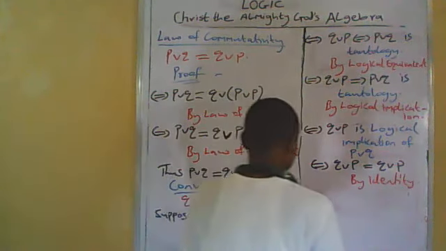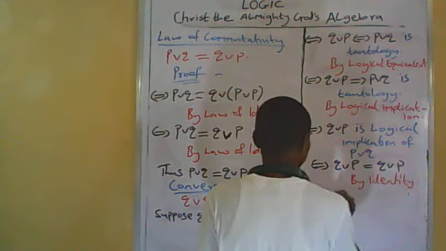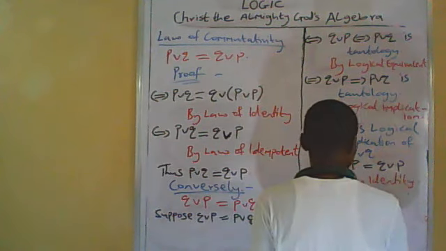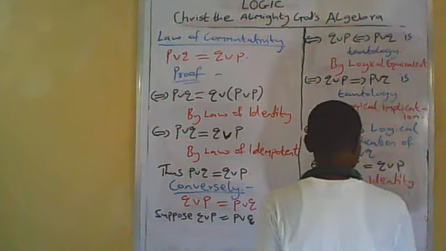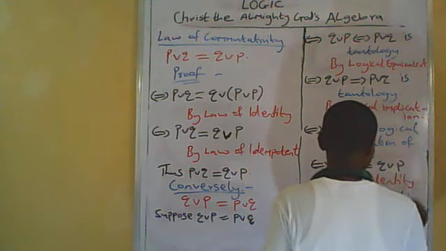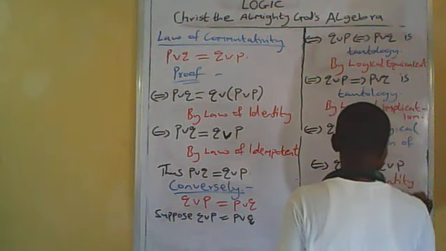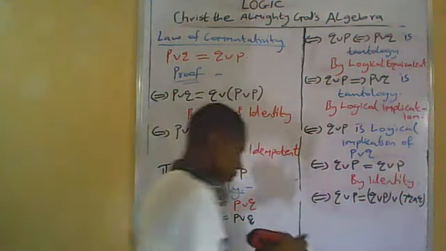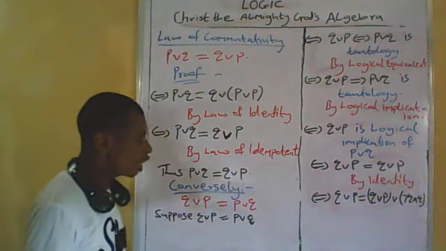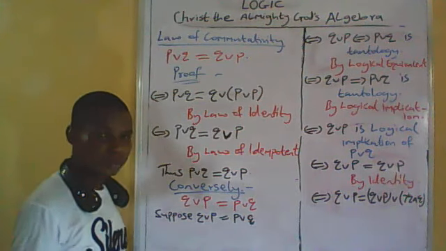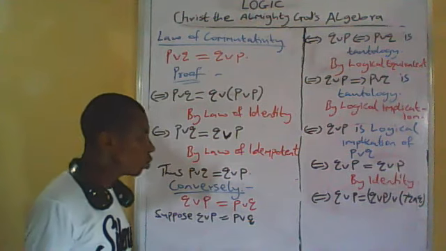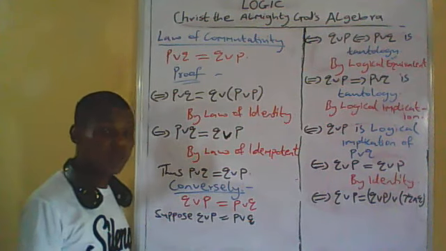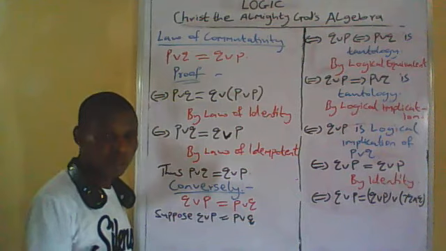If and only if Q or P is equal to Q or P or, in brackets, not Q and Q. You see that not Q and Q is being added to Q or P and is still equivalent to Q or P, because not Q and Q is a contradiction, and it is equal to falsity.